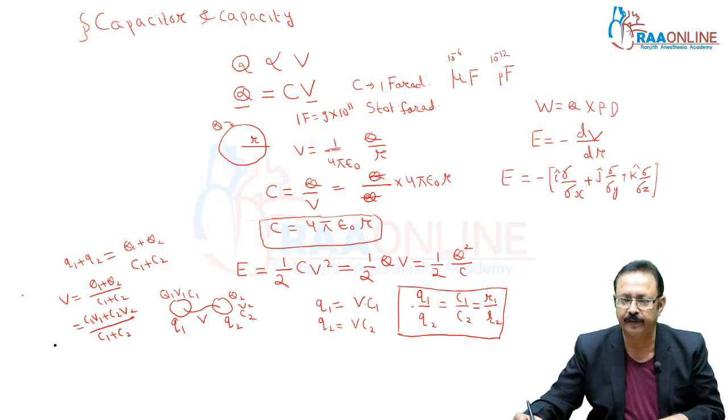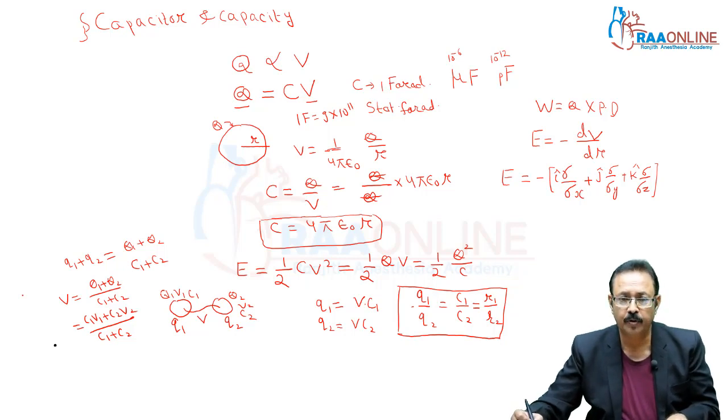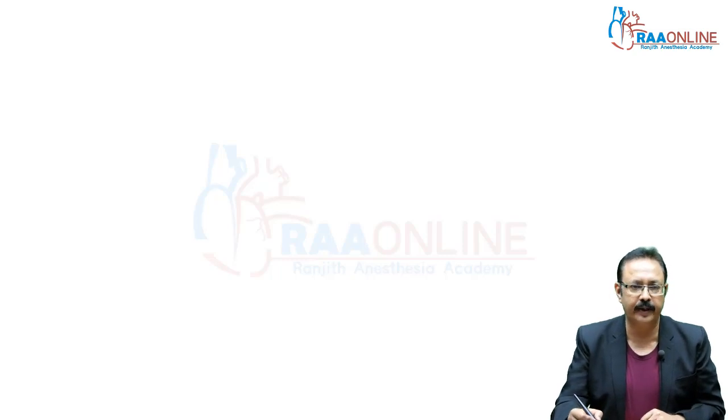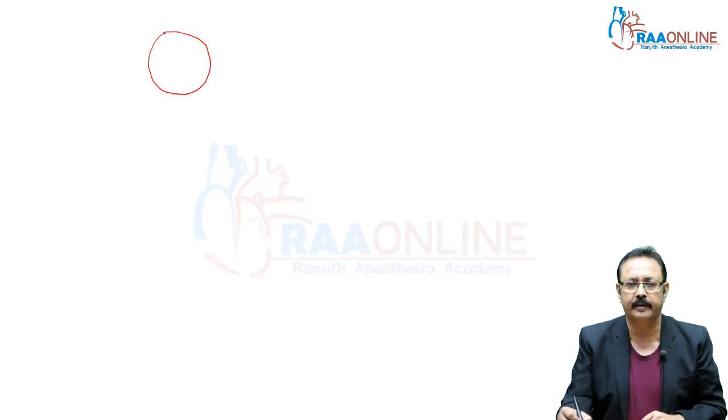Suppose I have two conductors. How can we solve orally? I am giving you one problem. See, I have two spherical conductors.